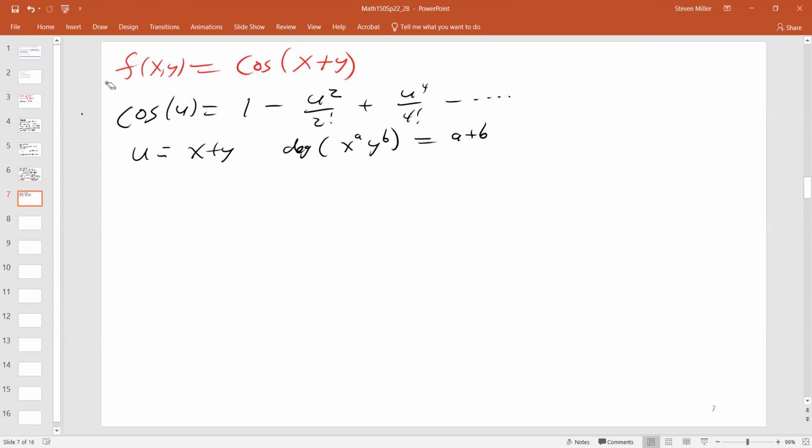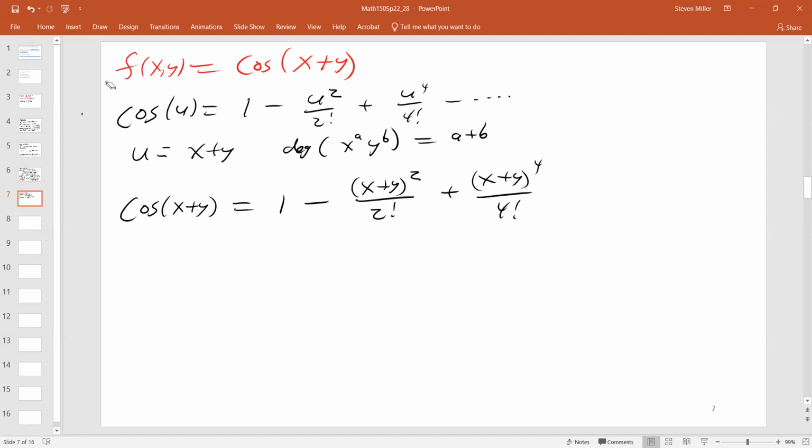So if I want a Taylor series of degree 5, I want all combinations of x and y of degree at most 5. And so I would get cosine of x plus y is 1 minus x plus y squared over 2 factorial plus x plus y to the fourth over 4 factorial.